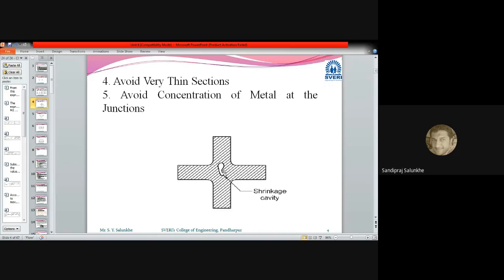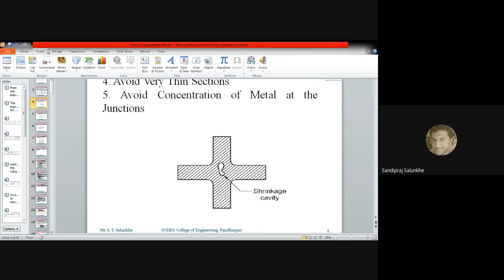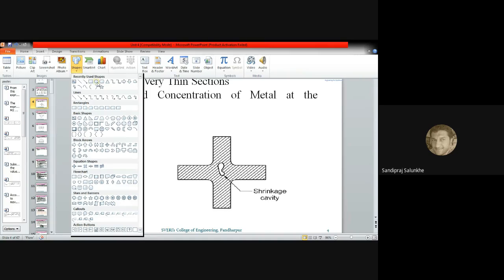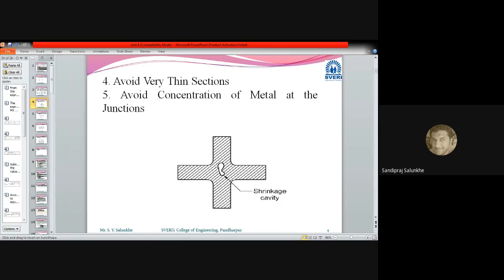What we can do here, because we are designers, is provide a hole here which will be hollow. Then concentration of material is avoided. In this case, the dimensions of these four ways may change, so those dimensions have to be changed.